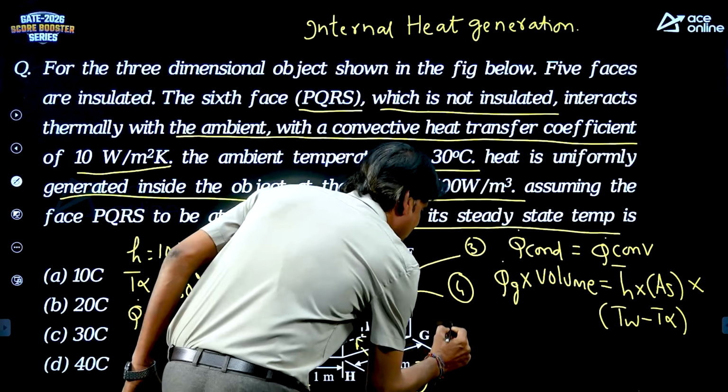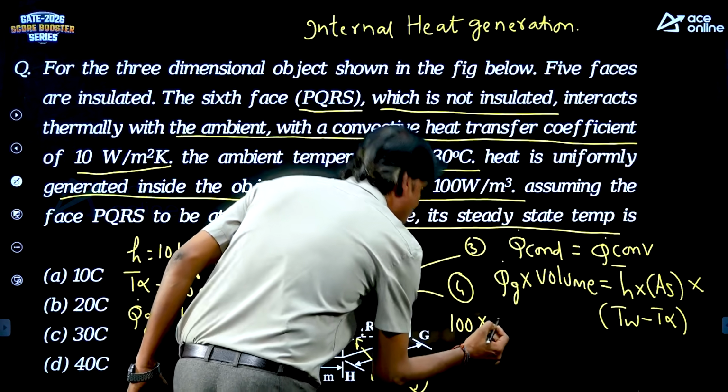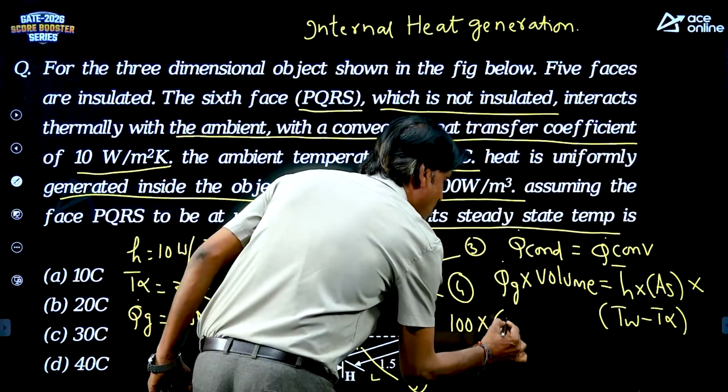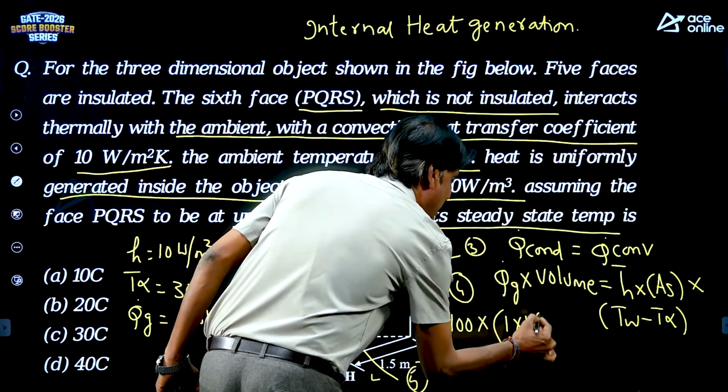Hence, I will write this as 100 into volume, which is 1 into 1.5 into 2.